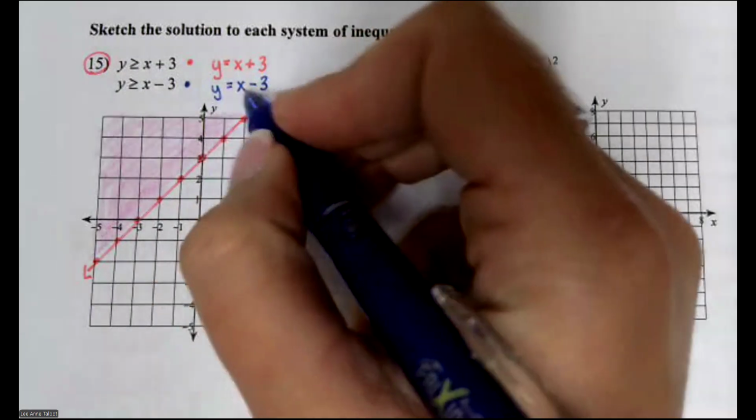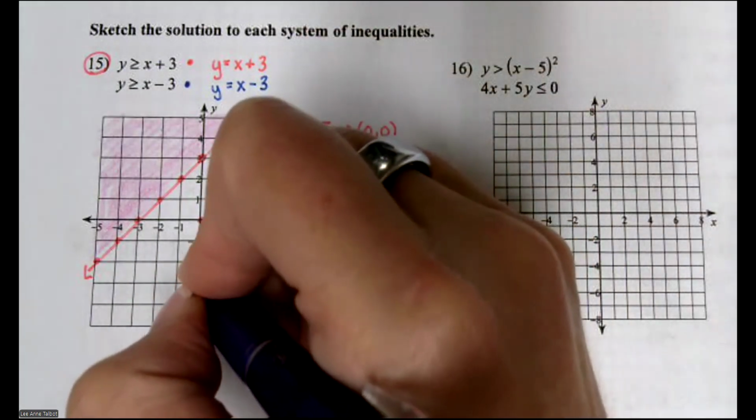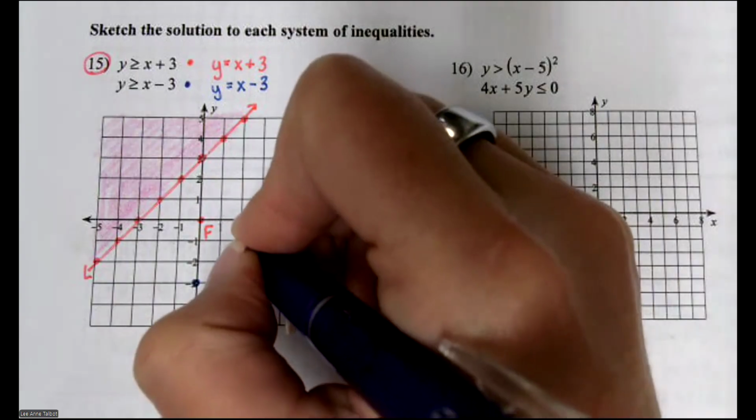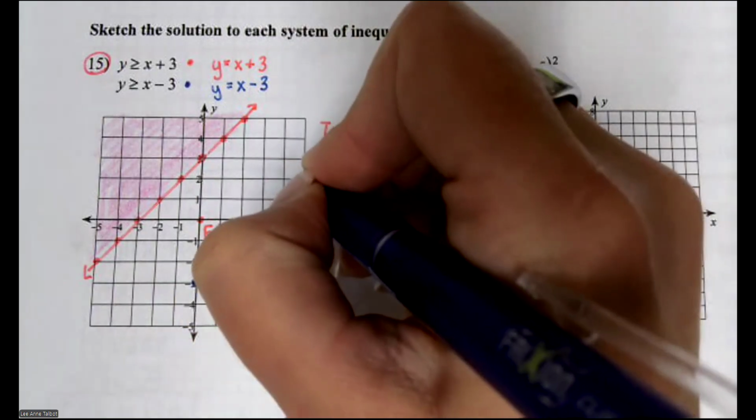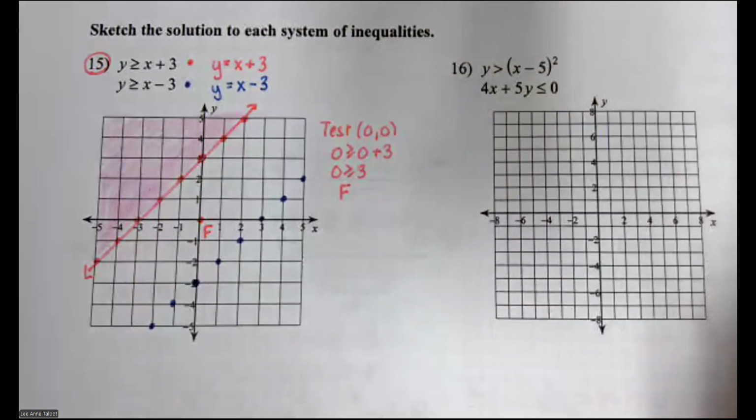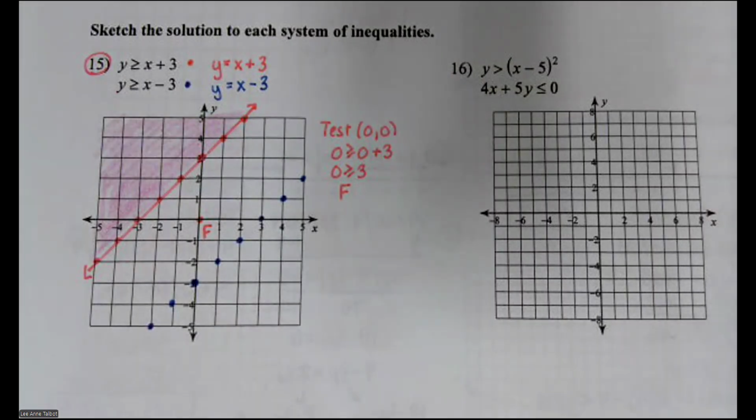Okay, now I have y equals x minus 3. So down 3 for the y-intercept. This is parallel. Just throwing that little math one word in there for you. Also solid.